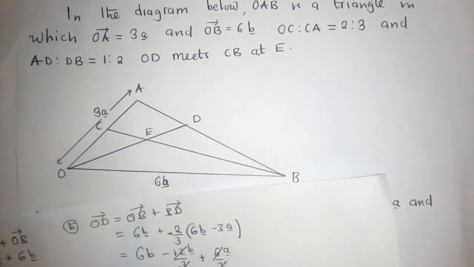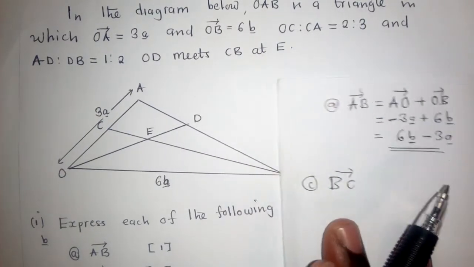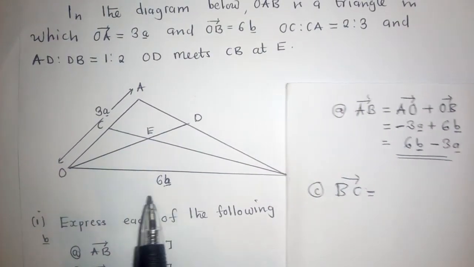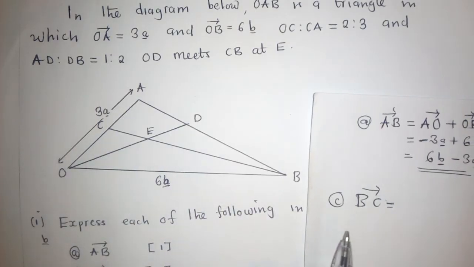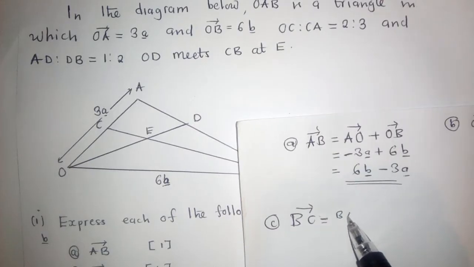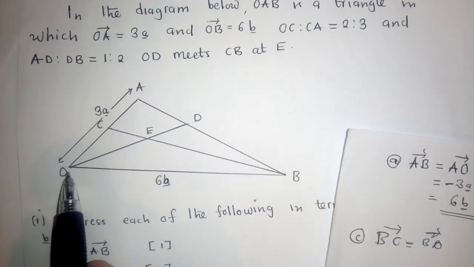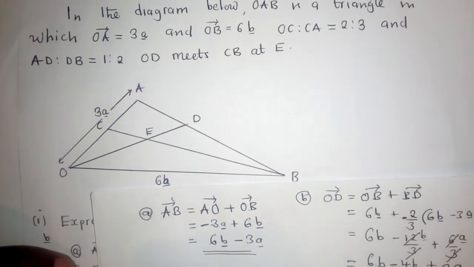So I'll write it here. BC can be equal to BO plus OC.